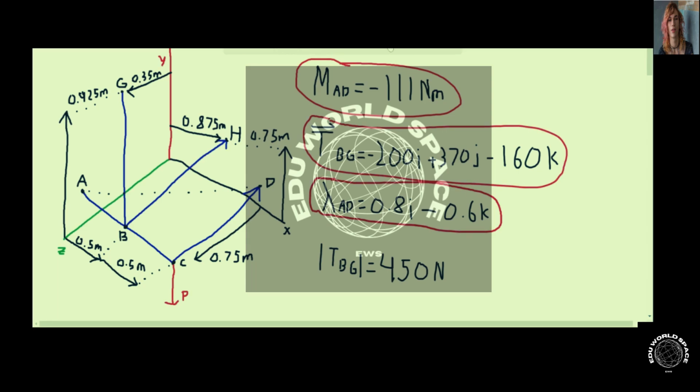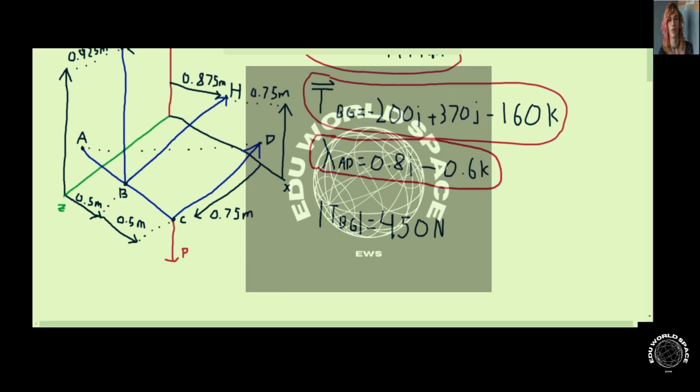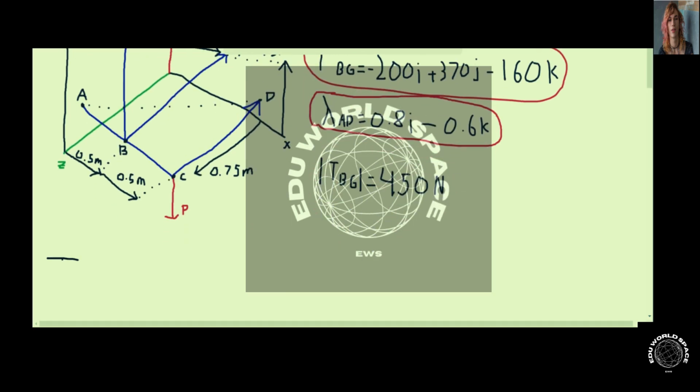So to start with, I'm going to first find the parallel component of this tension vector. So I'll label that as T1, and that's going to be equal to the unit vector of AD dot the tension vector of BG.